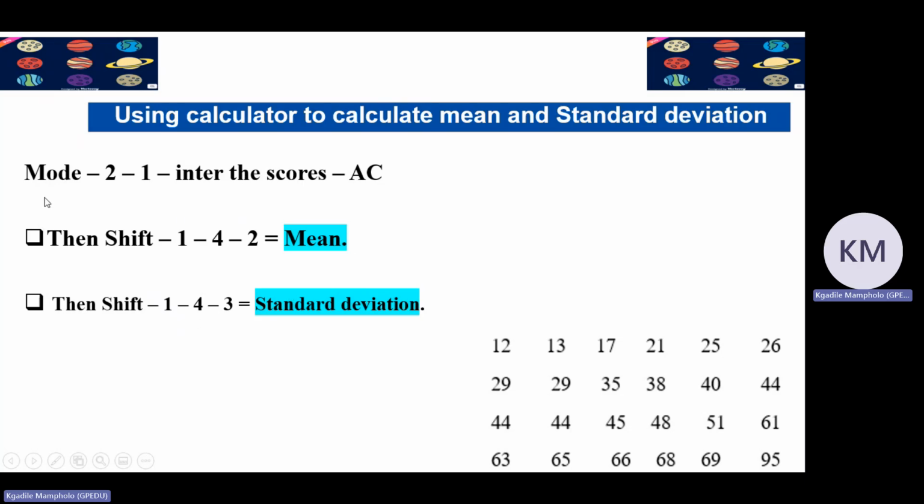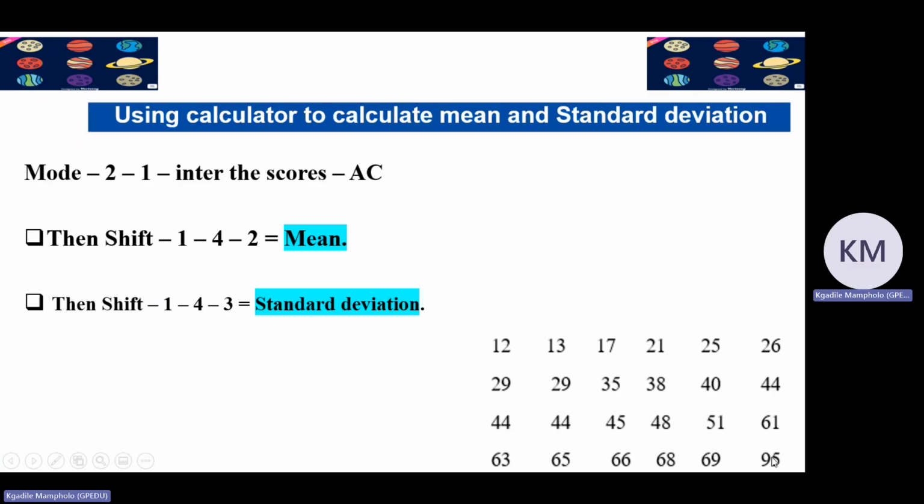So what you do, if you are using a Casio, you press mode, you press 2, you press 1, then it will give you a table, then you enter the data scores. So say 12 equals, 18 equals, until you enter the 95.